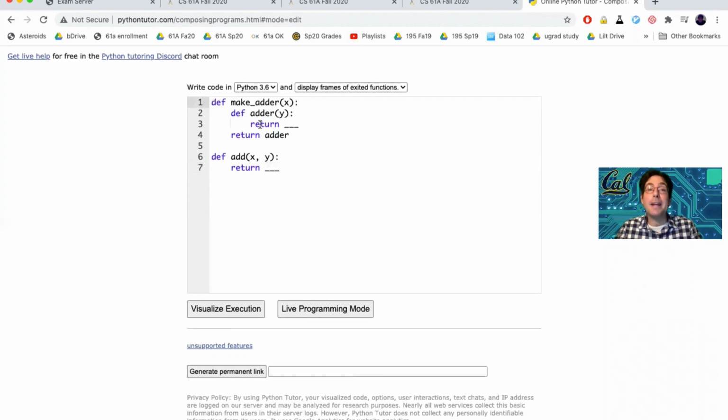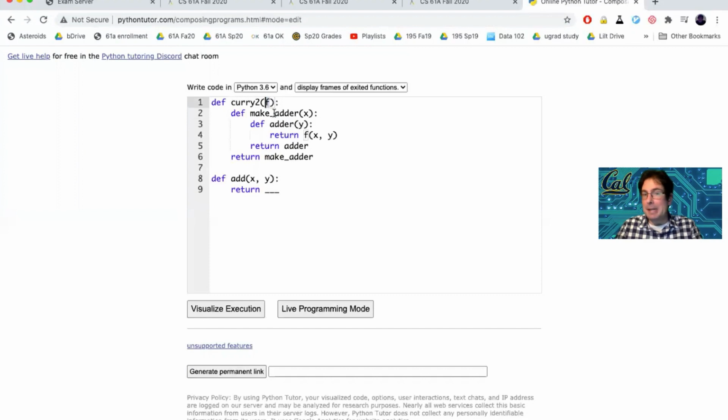Well, you give it a name, like F. And then when it comes time to do the work, you call it F. Now, it doesn't really make sense to call this adder anymore, because we don't know that F is about adding anymore. It could be anything. So maybe we'll call it doer. I don't know. You can call it anything you want.